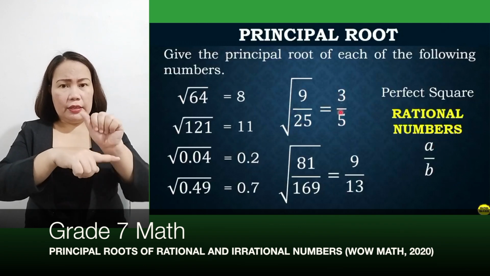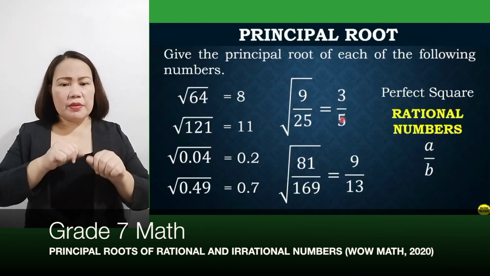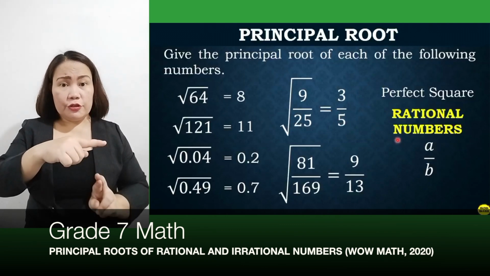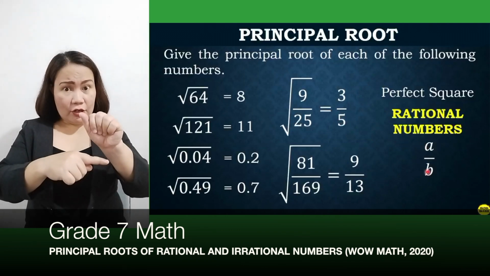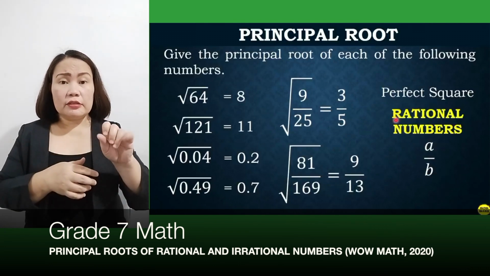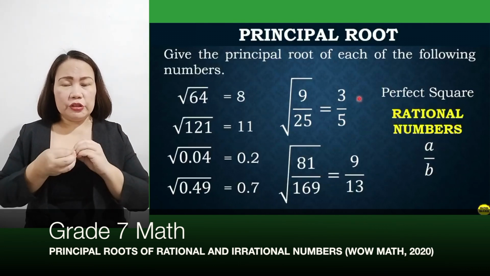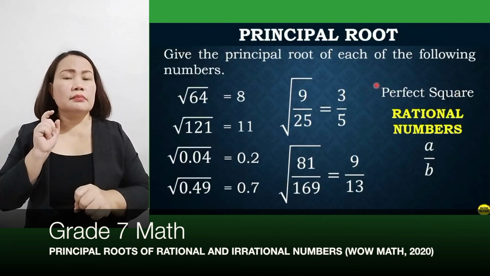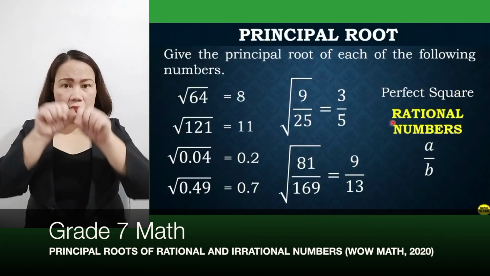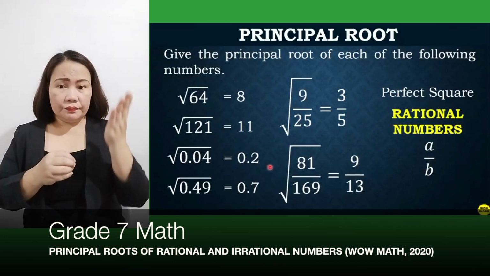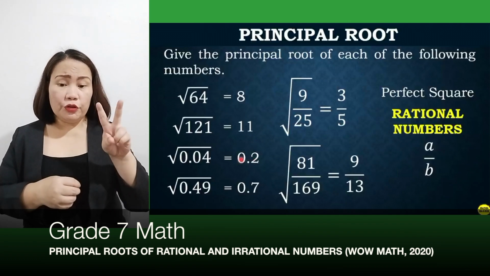Kapag ang nakuha natin, ang square root natin ay pwede natin i-express as the ratio or quotient of A over B or two integers, then that is considered rational numbers. That's why, ang mga perfect squares, kapag binigyan kayo ng perfect squares, automatic, the square root is a rational number. Kasi ito, A over B, A over B, ito, pwede mo to i-express as a fraction, right?